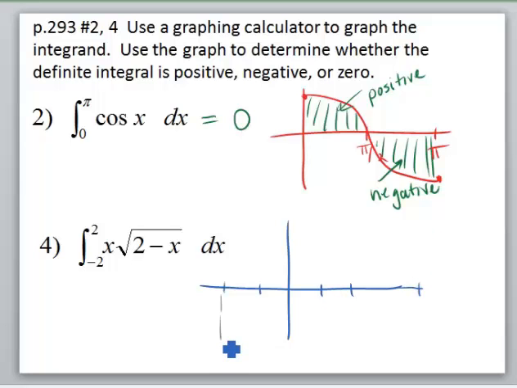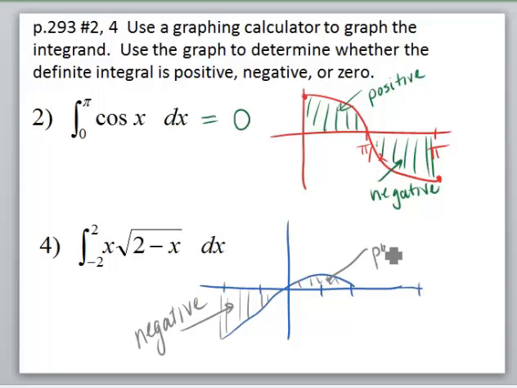So it goes something like this. There we go. The area underneath the curve would be here. This would definitely be negative area, since it's underneath the x-axis. And here we would have positive area, but a lot less positive area than negative area. Therefore, we know this answer would be negative.